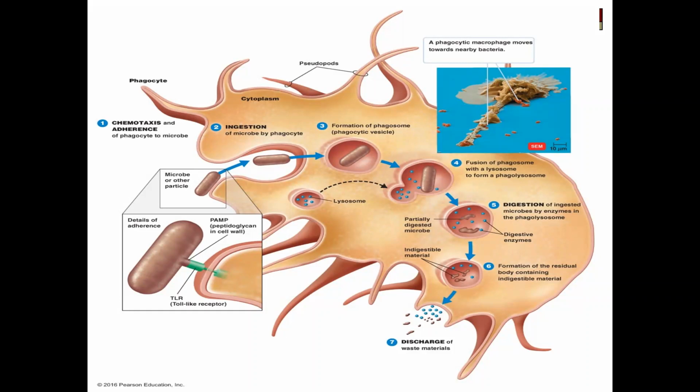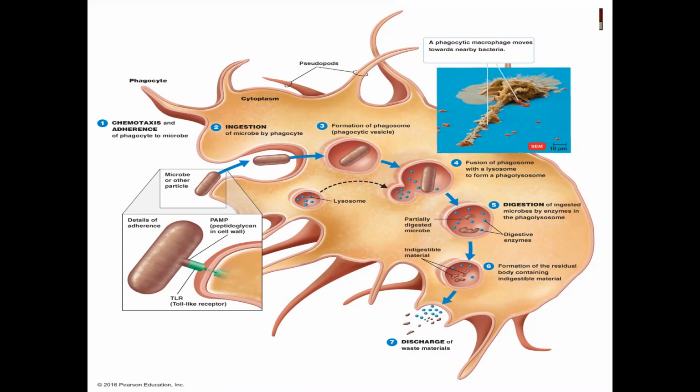So you need to explain to me what is chemotaxis, what is adherence? Ingestion is kind of obvious. The macrophage would ingest the foreign cell. And then you have the formation of what's called the phagosome, which is a vesicle that has the bacteria inside of it. Then the lysosome, which you learned about in A&P 1, is going to fuse with the phagosome, and the lysosome is what contains the digestive enzymes.